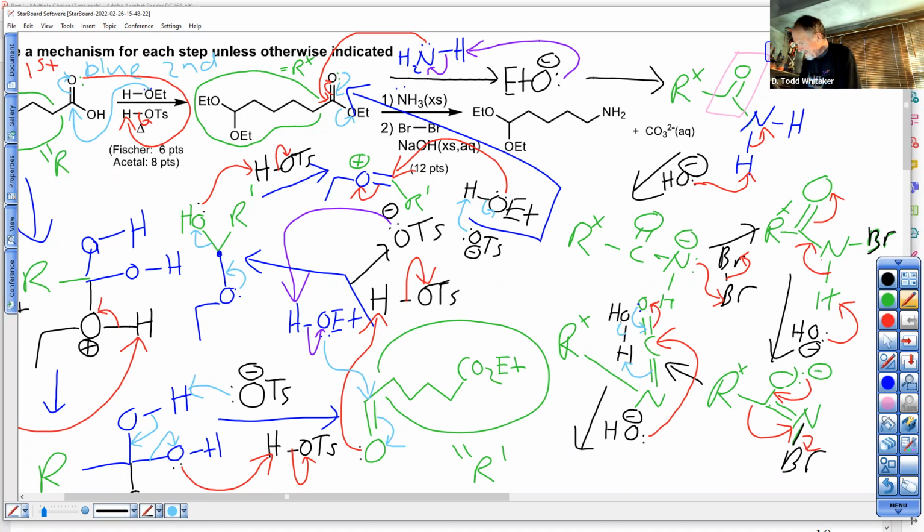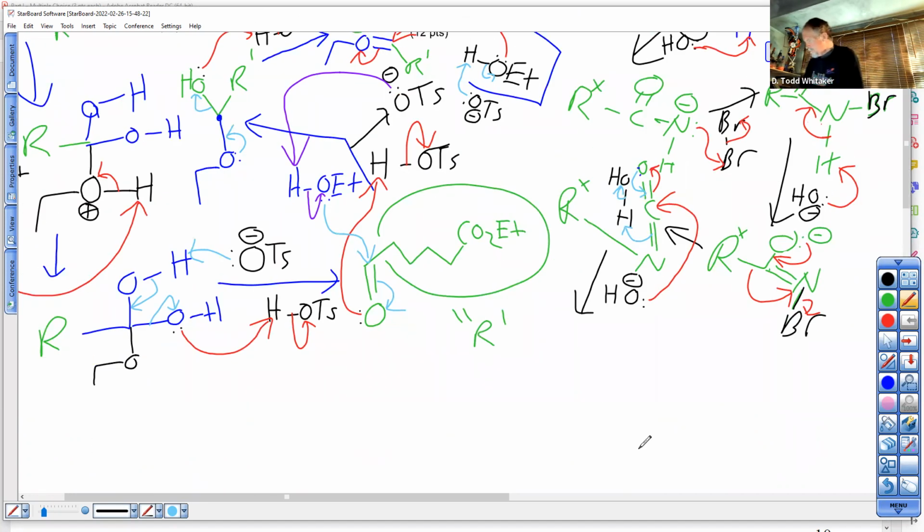This is an acid-base pair that's a catalyst, right? Hydroxide's used here, and hydroxide is made here. And what we're getting here is this species here. We'll tidy it up a little bit.